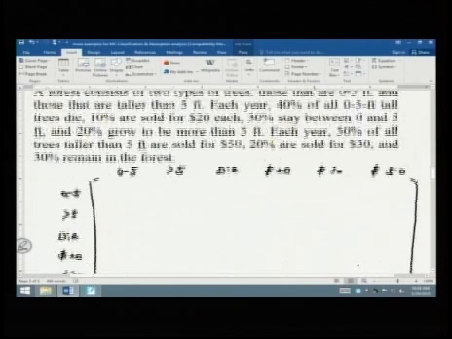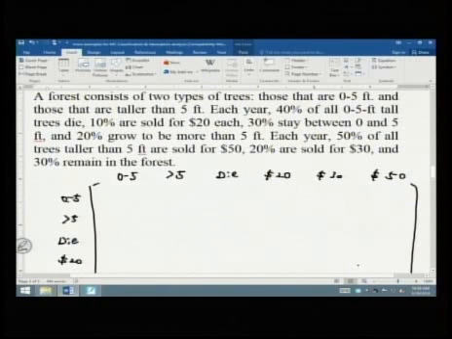Okay, so let's go back to the problem description. It does say each year 40% of all 0 to 5 feet tall trees die. So here we have 0.4, right? And then 10% are sold for $20 each, so we have 0.1.